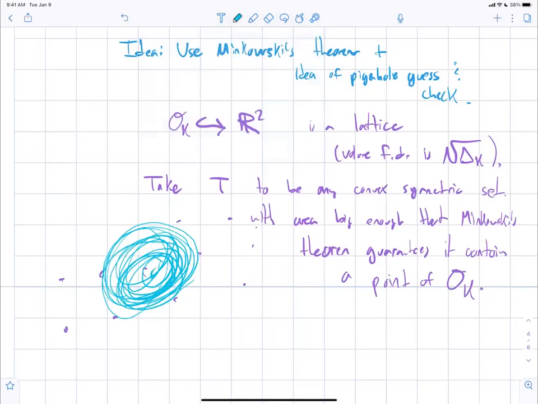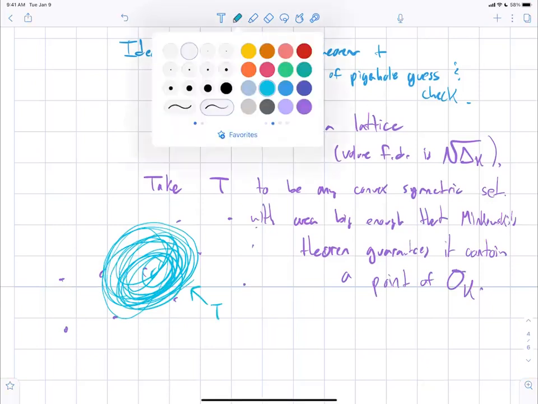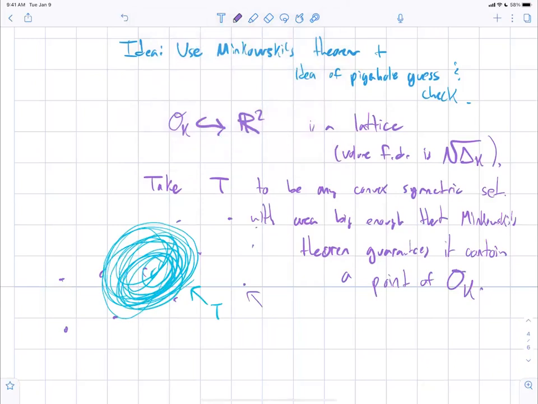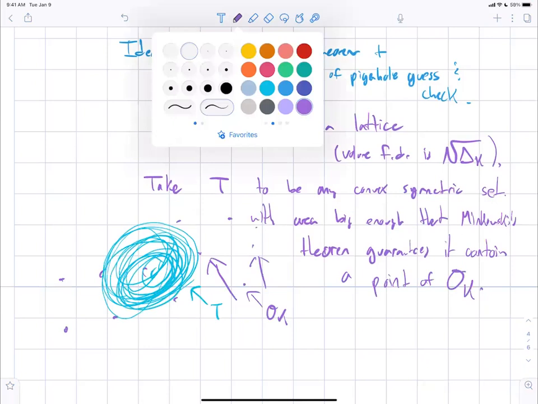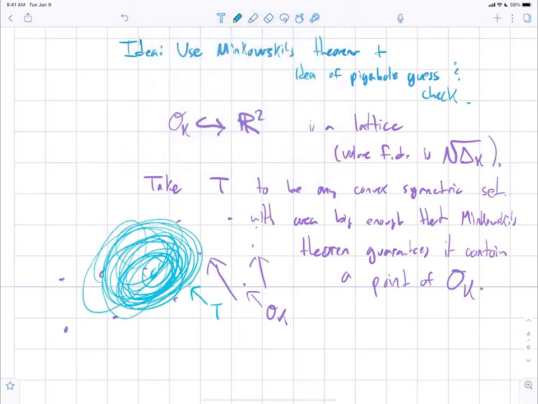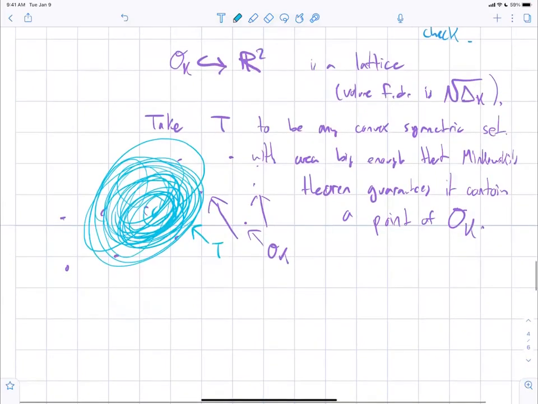So this is T. Maybe I should adjust it, since it almost doesn't contain the points. Okay, so that's my ball.